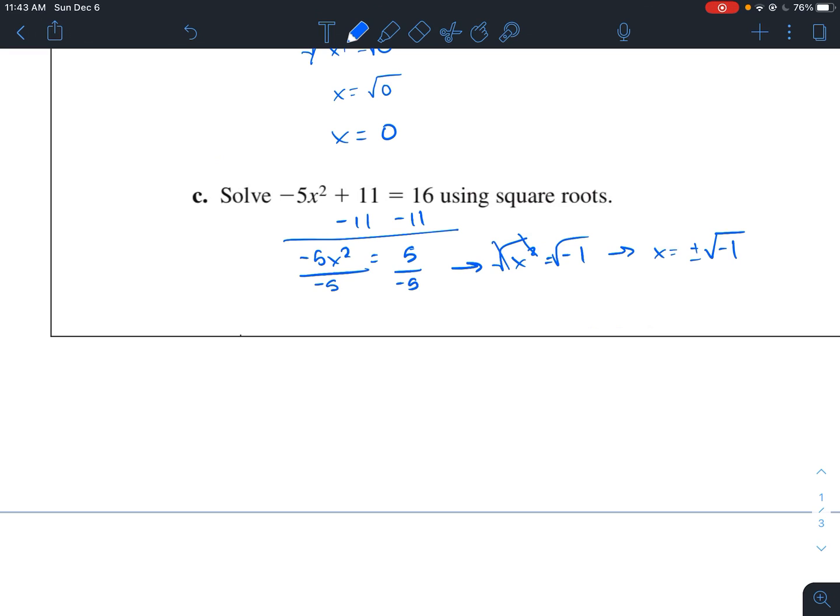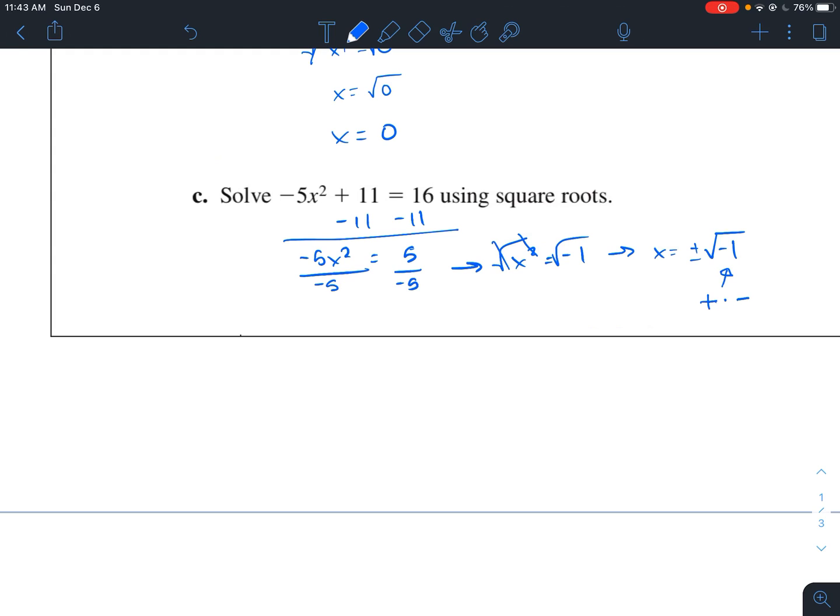Okay, so now I have to think of two numbers that multiply to be -1. So this is tricky because this is a negative number. So again, when you take the square root of something, you want to find two numbers that are the same that equal this number. But the only way to get a negative number through multiplication is by multiplying a positive and a negative number together.